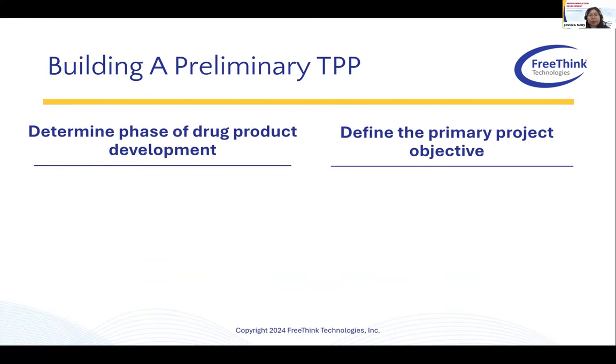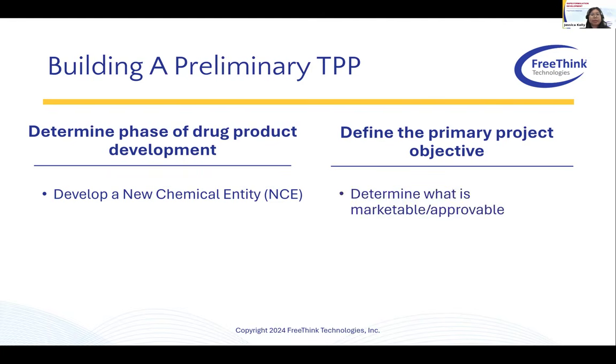So let's talk about what the development phases are and what the primary project goals are for each of these drug phases. So the first category is a new product or a new chemical entity in which there is no previous approval. So the primary objective for these types of projects would be to determine what is marketable or approvable.